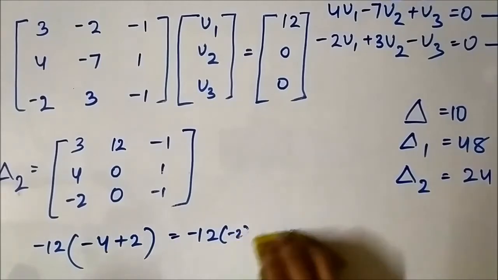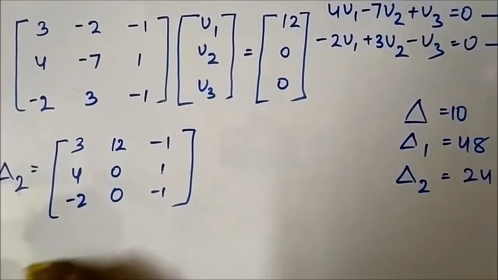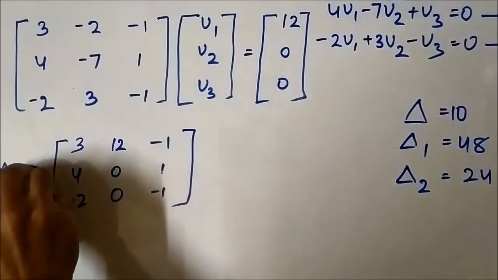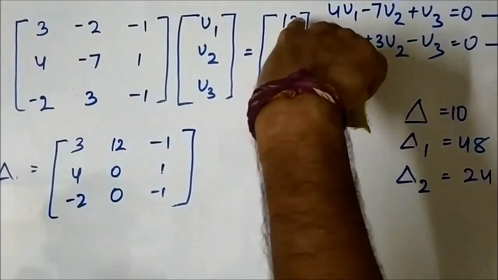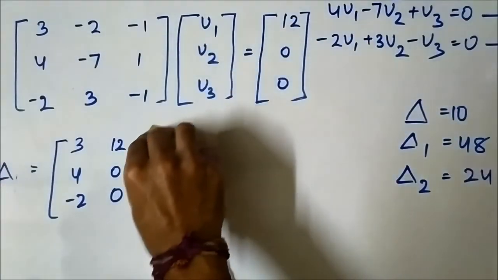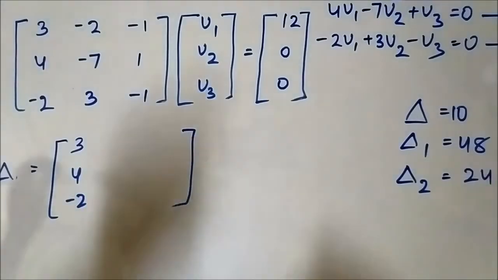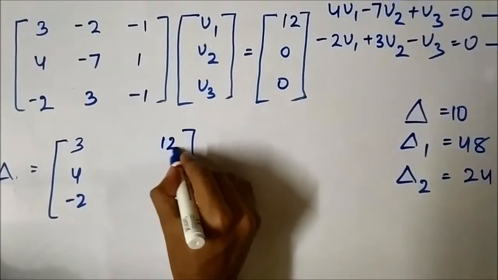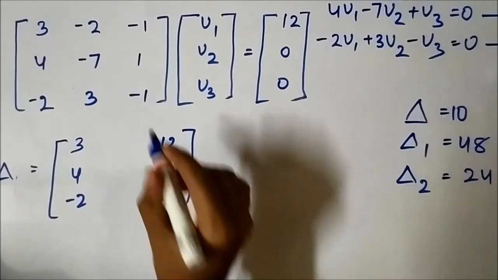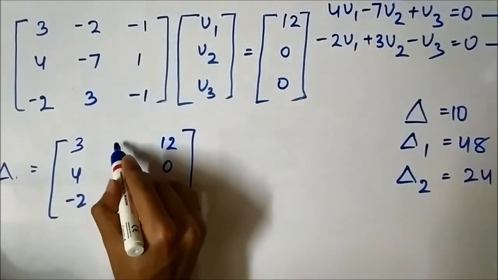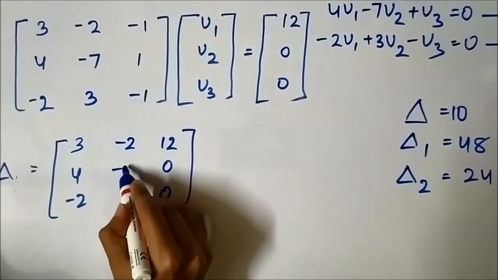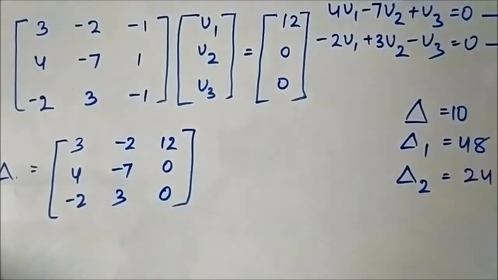Next we have to evaluate del 3. Same thing, we will replace 12 0 0 in the third column, and here it will take the usual values minus 2 minus 7 3. This is del 3.